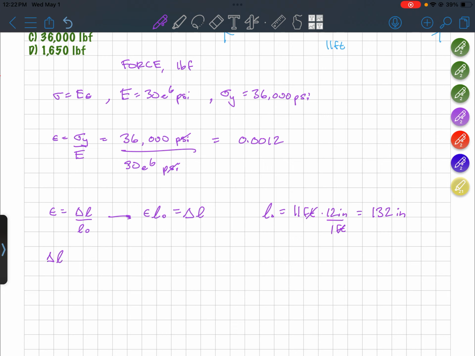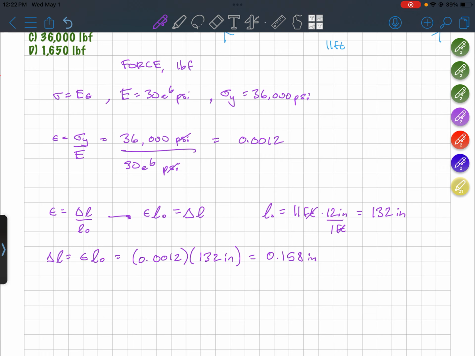And I'll solve for change in length: strain times original length. Let's plug in some values. 0.0012, that's my strain, which is dimensionless, times 132 inches. That gives me a change in length of 0.158 inches.